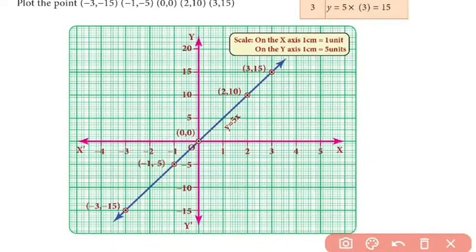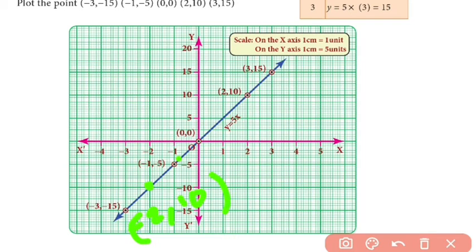First the x-axis, then the y-axis, and mark the points. By the given values, we take x value minus 2, y value minus 10, so this point is minus 2 comma minus 10.